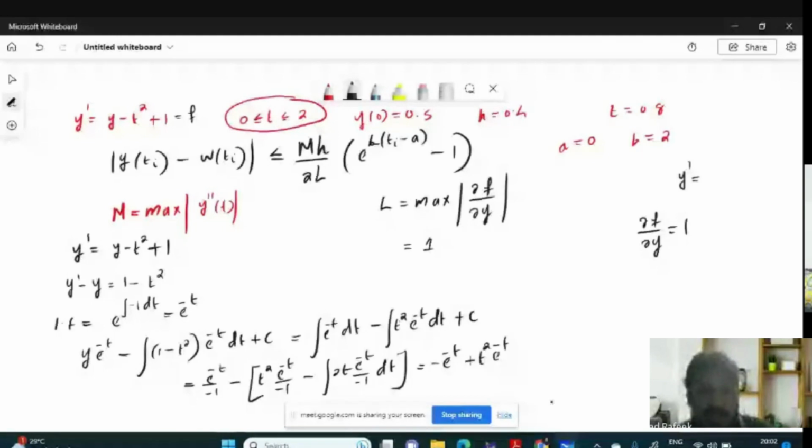Minus into minus is again negative, 2 integral t e raised to minus t dt.